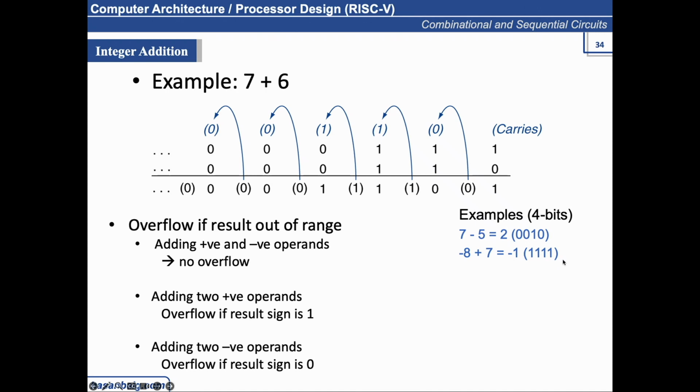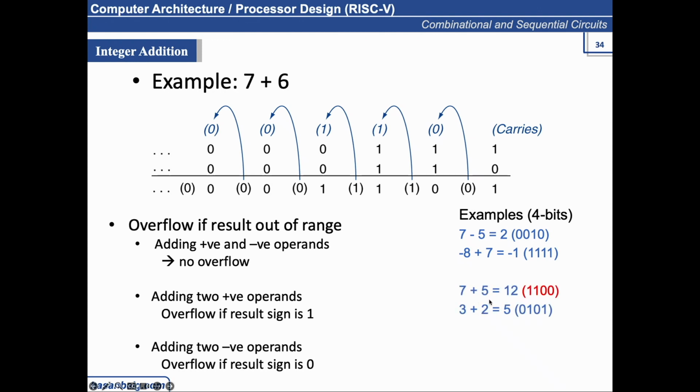Next, when you're adding 2 positive operands, overflow may occur if the result sign is 1. That makes sense. Of course, when you are adding 2 positive numbers, the result should also be positive. But if the sign bit is 1, it means that the result is negative, which indicates that the result is overflowing.